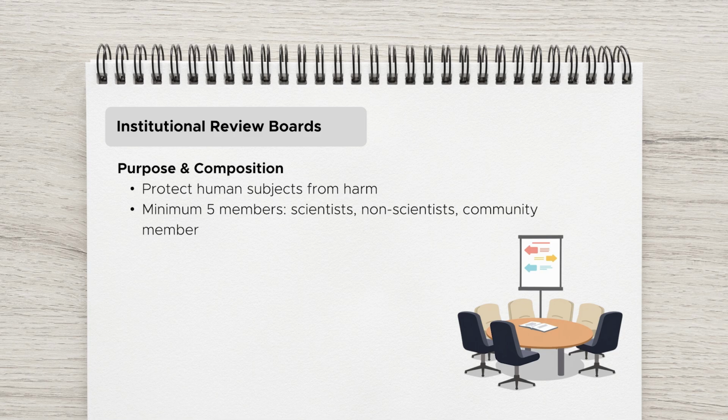It has a minimum of 5 members, and these members are mostly scientists and non-scientists along with other members of the community. These are all reputed members of the community who have engaged with the ethics of experiments for a reasonably long time, and the IRB feels that these members will be able to evaluate the research protocol independently and objectively.